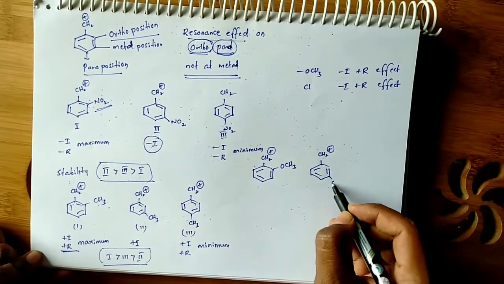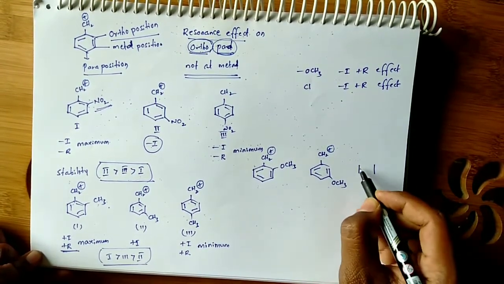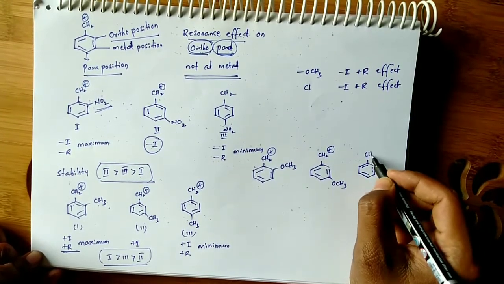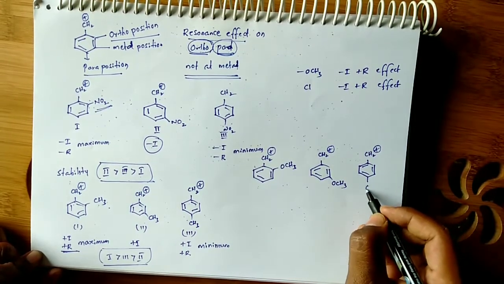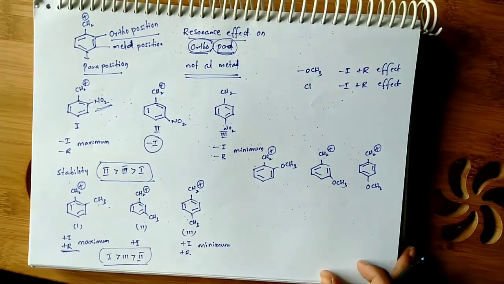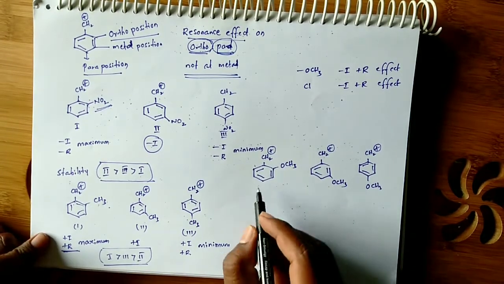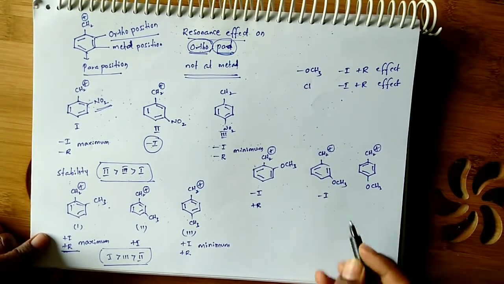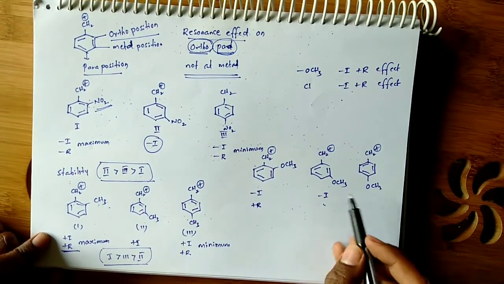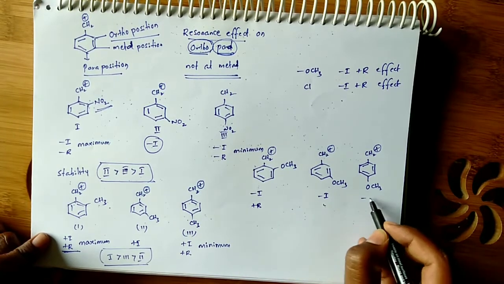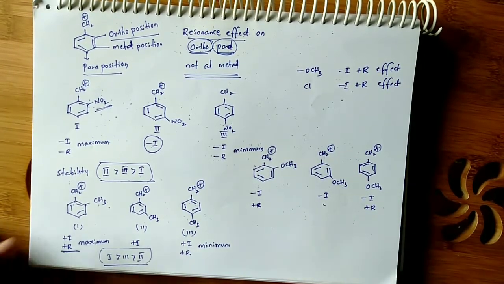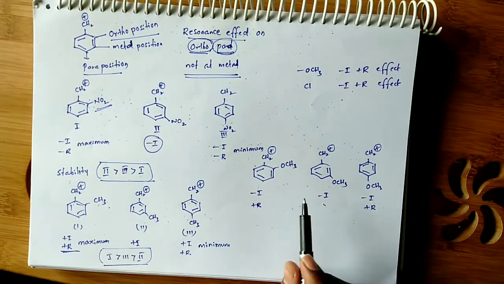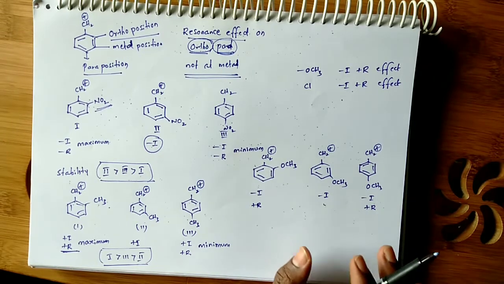Here I am taking it at the meta position, and here at the para position. What effects show influence here? This is minus I plus R. Here minus I only, because there is no resonance effect at the meta position. This is minus I plus R. Plus R effect stabilizes the carbocation, and minus I effect destabilizes the carbocation.